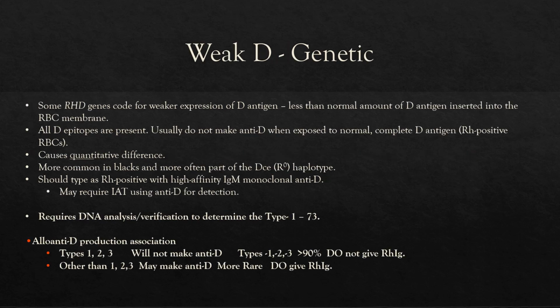Genetic weak Ds cause a quantitative difference, not a qualitative difference. All the D epitopes are present, so they should not make anti-D if exposed to D positive blood. It's usually caused by a single amino acid change.